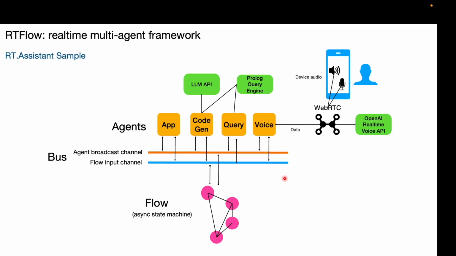Now, if you look at topologies for multi-agent frameworks, there's a star topology and there's a bus topology. The star topology has a central controlling software that orchestrates the agents. And in the bus topology, you have essentially a broadcast channel for the agents. So RT Flow is a hybrid of bus and star topologies.